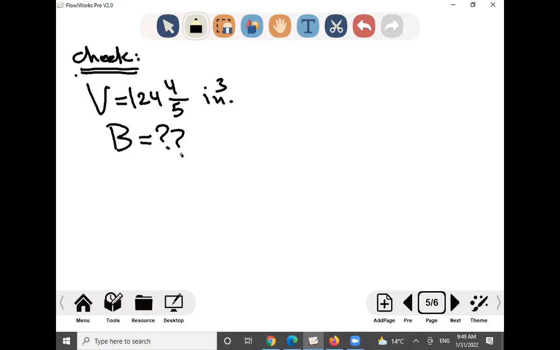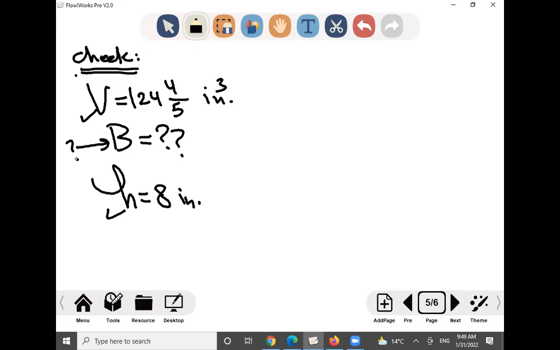So find what? The area of the base of the prism. Do I know other information about this prism? What is it? The height. The height is given in the figure. How much? 8. So h is 8 inches.